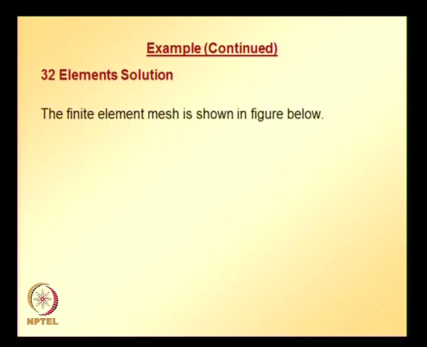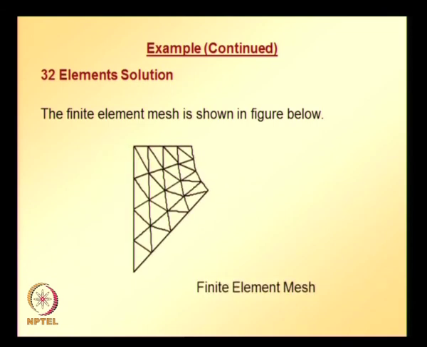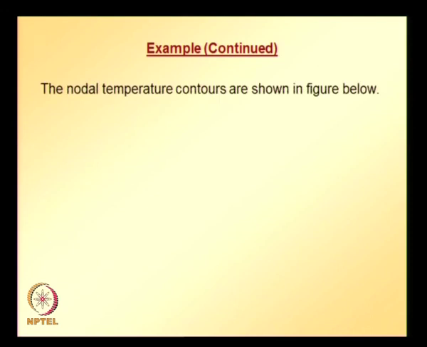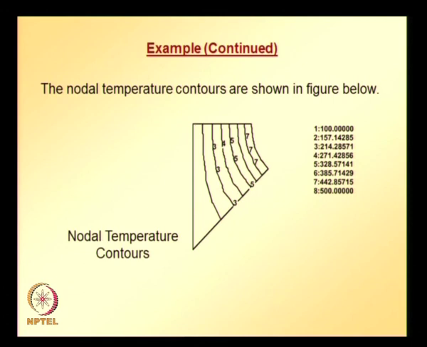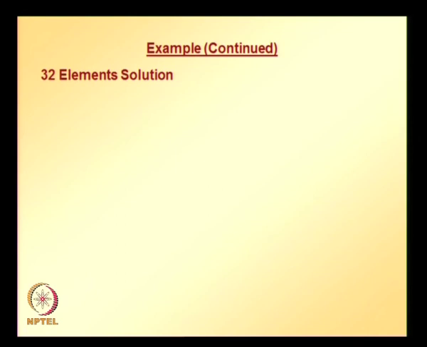And now, as we did for the fluid flow case, a finer discretization is taken. So, a 32 element solution is shown here. For that, the finite element mesh looks like this, and the nodal temperature contours. And the model is refined further using 72 elements.